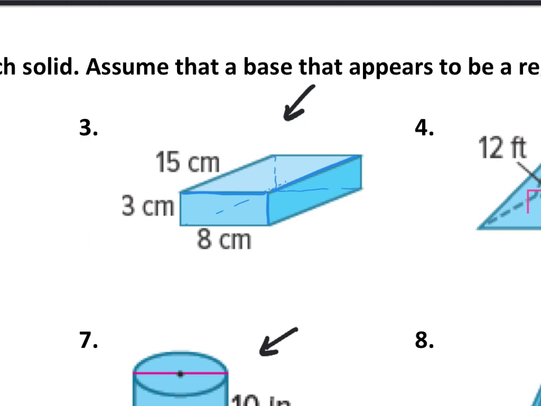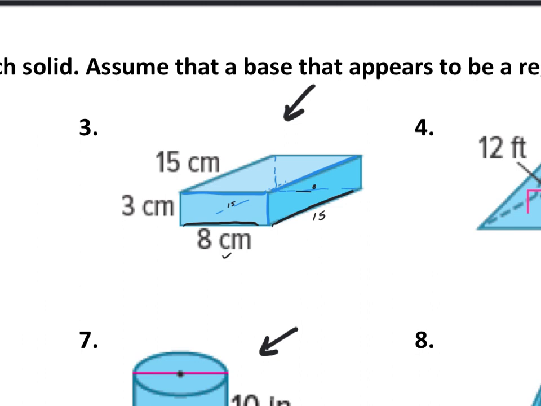The base is going to be right here. It's going to be this area. This base is going to be the bottom, of course, and I also have the top. So the perimeter around that, let's see here, this side is 8 centimeters, this side is 15 centimeters, so of course they have their opposite sides.